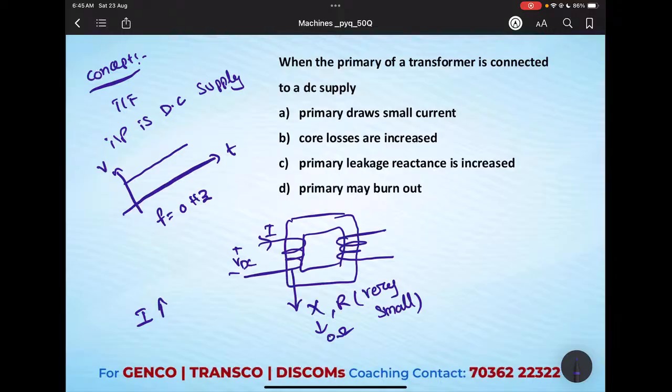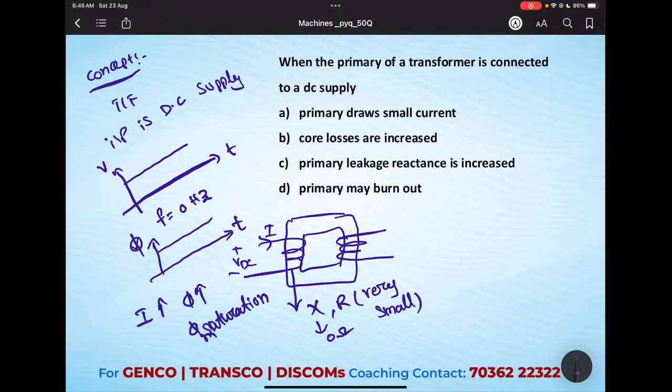When the current is increased, the flux developed will also increase. Within a short period of time, flux will reach saturation. Saturation is the maximum point it can reach. Afterwards, the core won't increase the flux.